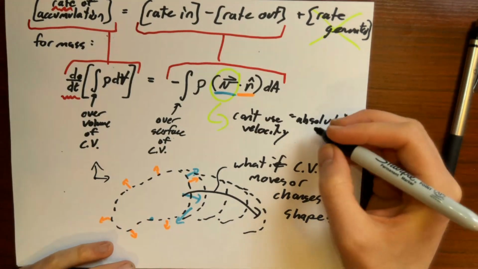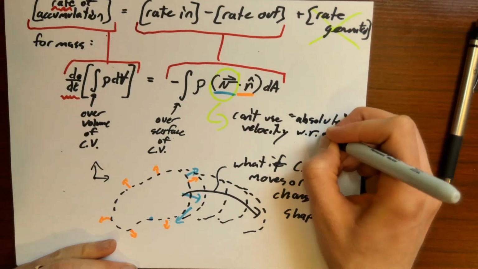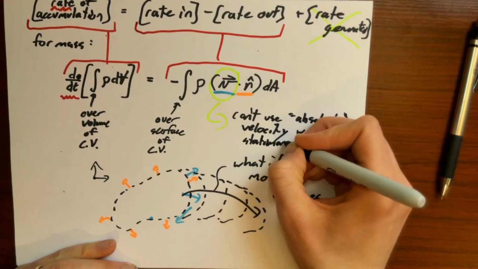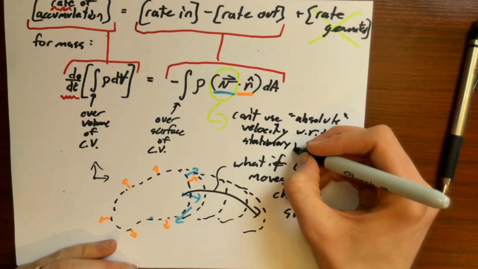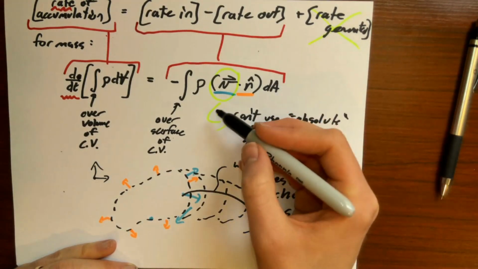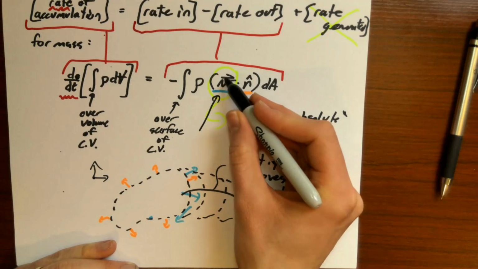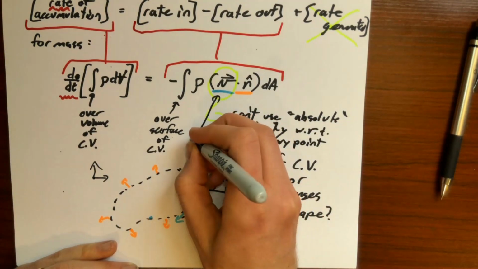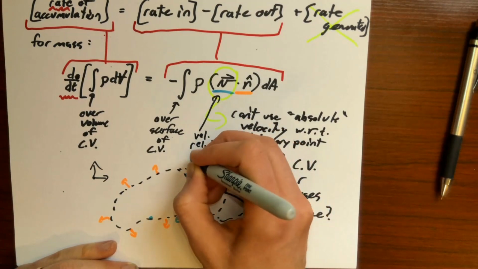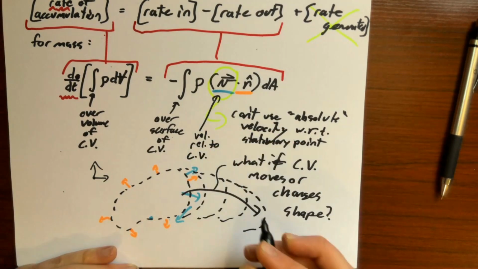Rather, the v used in this v dot n needs to be a velocity relative to the control volume.